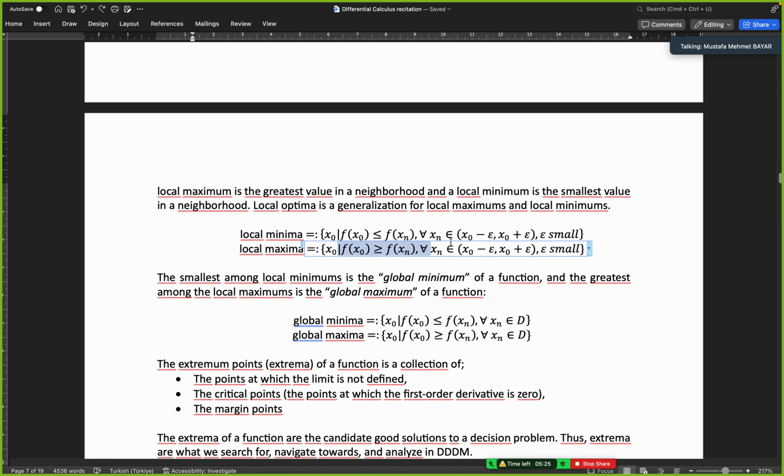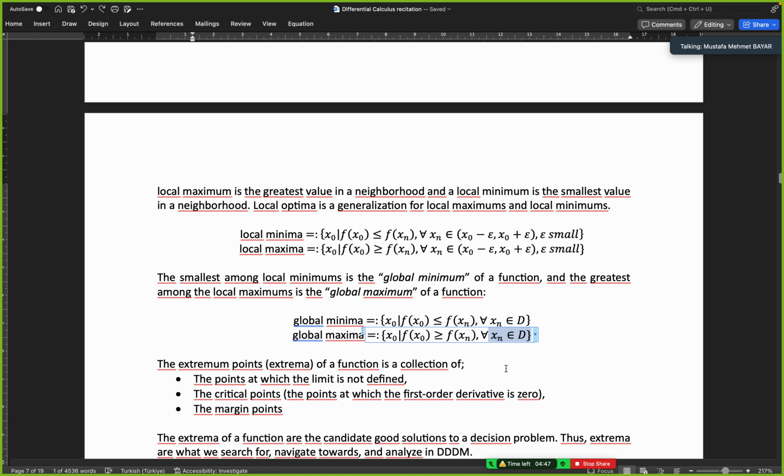So for local maximum, you're just around the point within a small neighborhood. There are no xn's that are smaller than your x0 around the neighborhood within a small range. This is for the local maxima. On the other hand, for global maxima, you say that there are no xn's that are greater than x0 in the whole domain of the function.